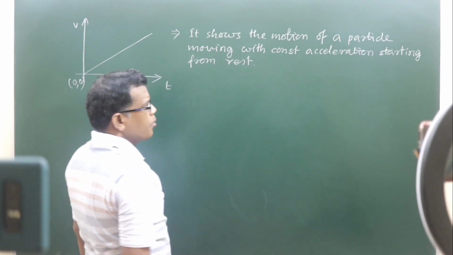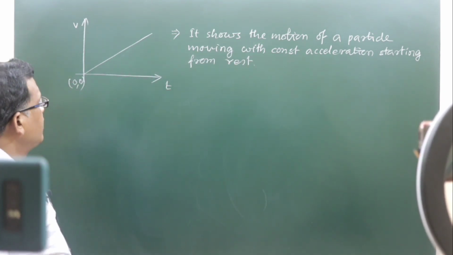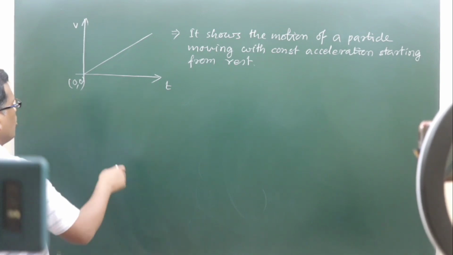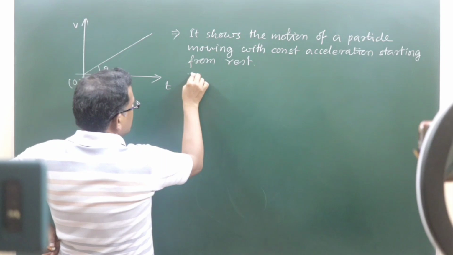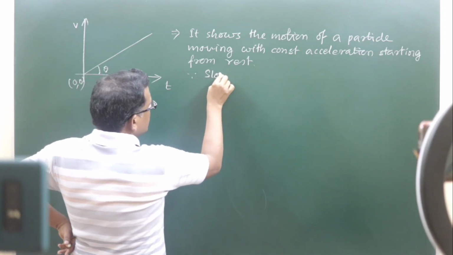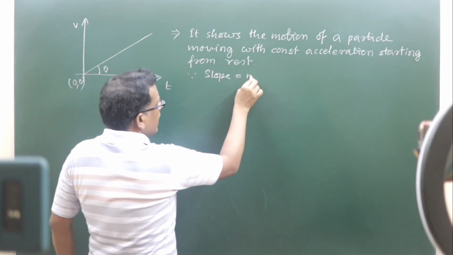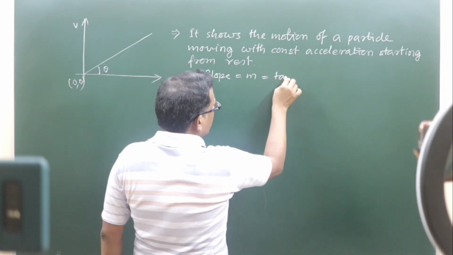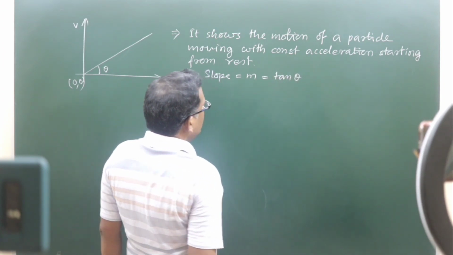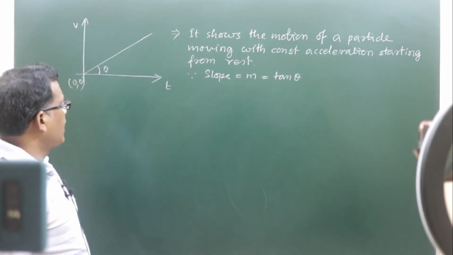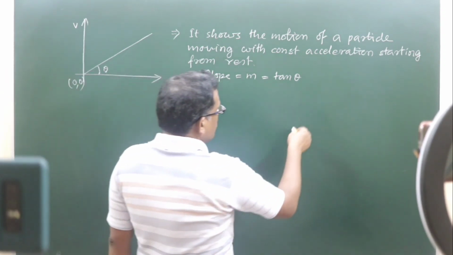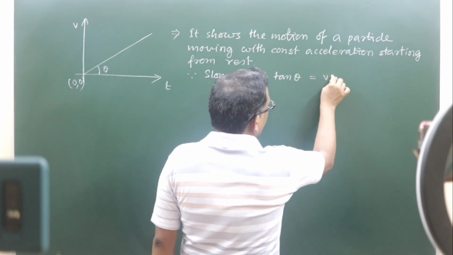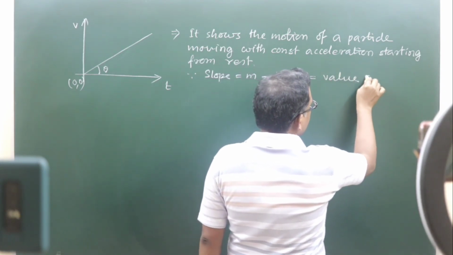If this motion is to be explained, I can see the slope of the graph is constant, since slope is m, that is decided by tan theta, right. So in a velocity time graph, slope is equal to the value of acceleration, right.